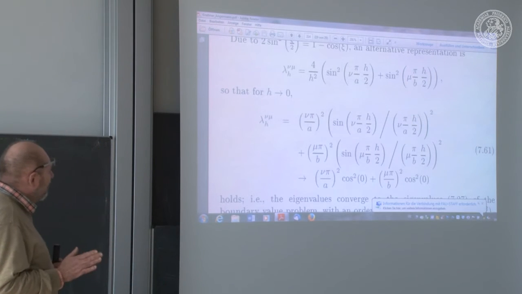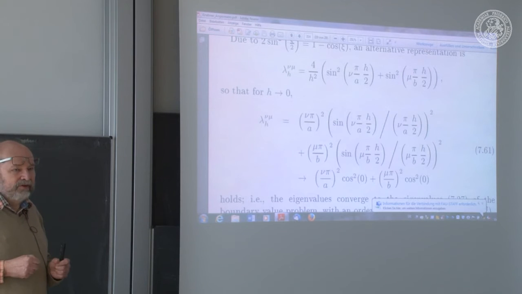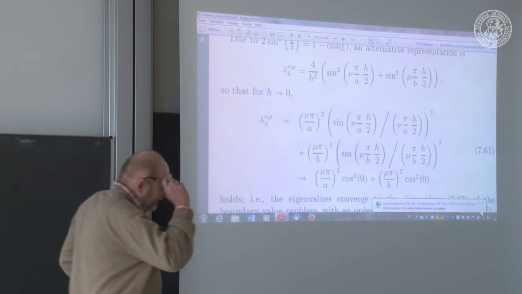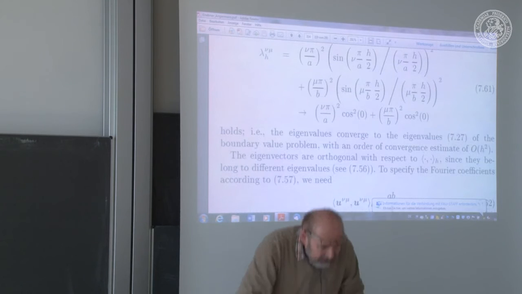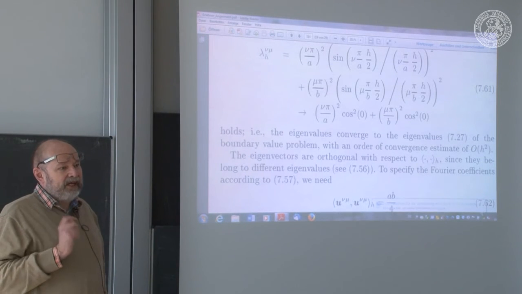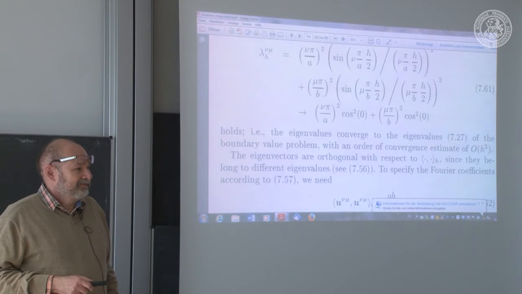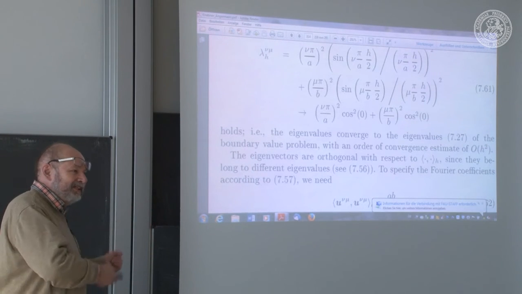But we do not want to have just convergence. We want to have order of convergence. And my next claim is that the order of convergence which we see here is of the order h square.